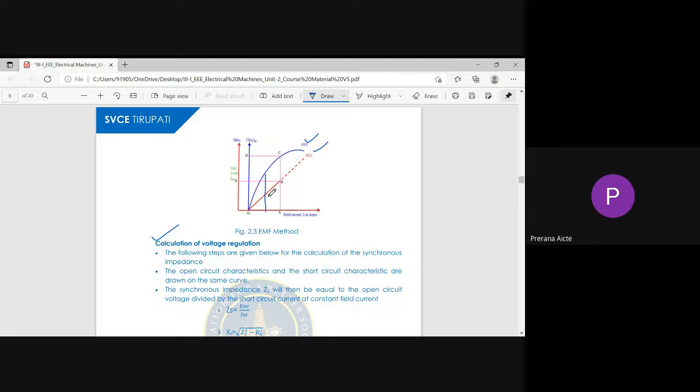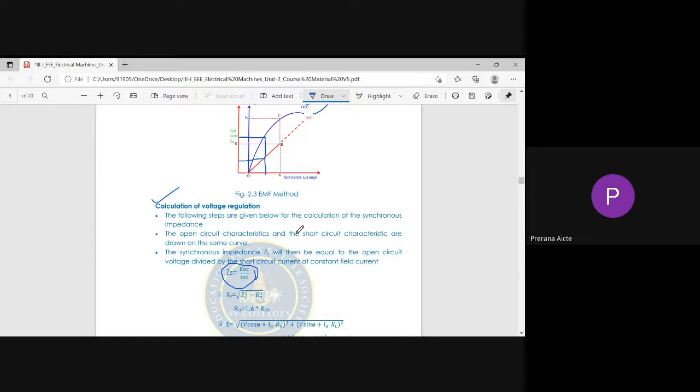Where it touches the SCC, the value read on the y-axis gives the short circuit current. Where the projected line touches the OCC, it gives EOC, the open circuit voltage. Simply, the synchronous impedance is the open circuit voltage divided by the short circuit current.